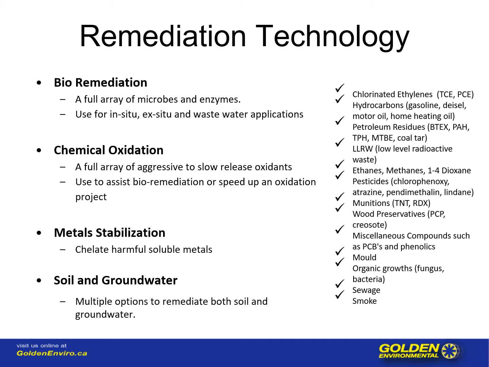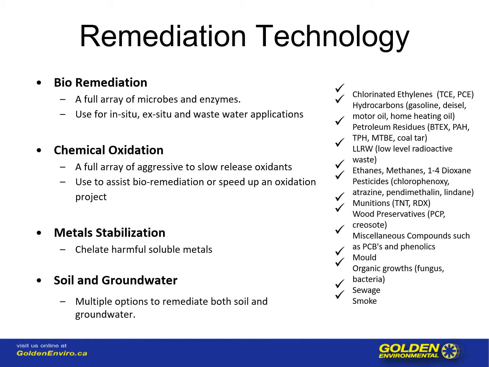solution. As you can see here on the right-hand side, there is a list of contaminants that we are able to remediate using bioremediation and chemical oxidation. That list is not exhaustive, but it gives you an idea of the extent to which we can treat.